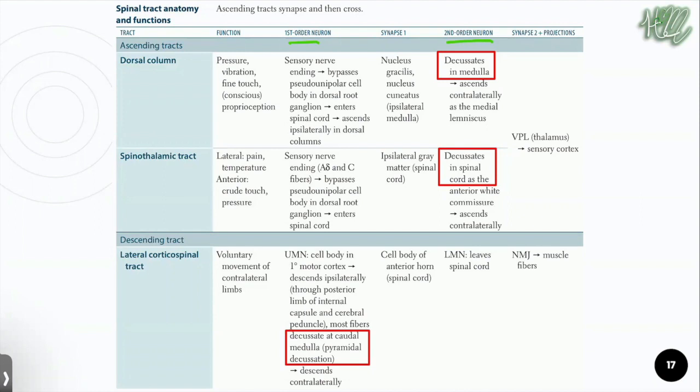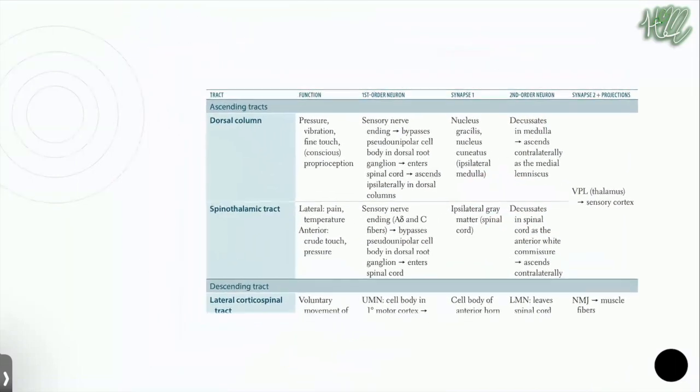So in the ascending tracts, it's coming from the area where we sensed the information to the spinal cord, and then from the spinal cord to the brainstem, and then from the brainstem, it's usually going to the brain, or the specific area of the brain from there, right? So that's always a really important piece to recognize. And the corticospinal tract is a little bit unique in this sense. Again, we'll bring it up again as we get there. Actually, let's just move into that so we can explain it a little bit better.